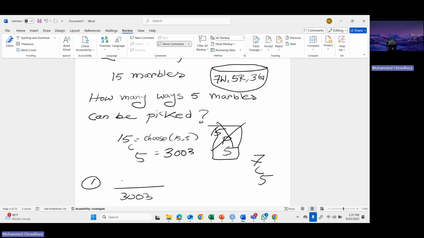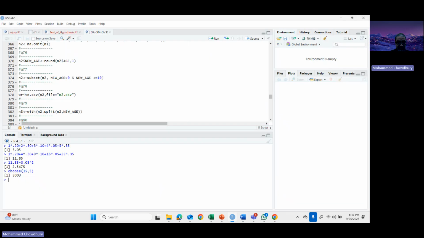So 7 choose 5. You can use the R, choose 7, choose 5. Then you are getting the result in here. 7 choose 5 divided by this is 0.007.